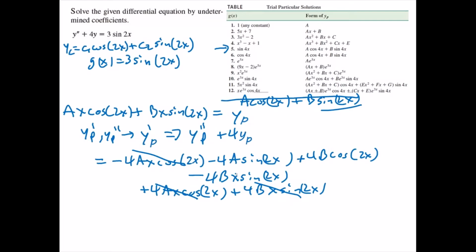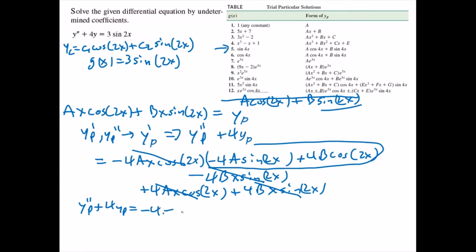The 4bx times the sine of 2x will cancel with this negative, and we'll just be left with these two here. So y double prime sub p plus 4y sub p will be equal to negative 4a times the sine of 2x plus 4b times the cosine of 2x. And that should be equal to this g of x, 3 times the sine of 2x.